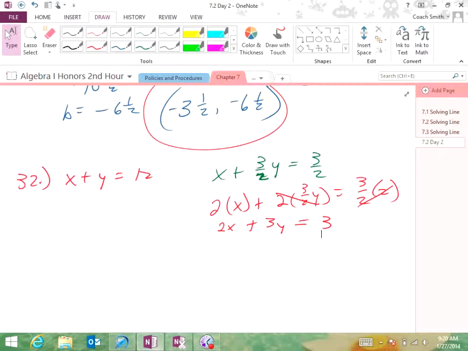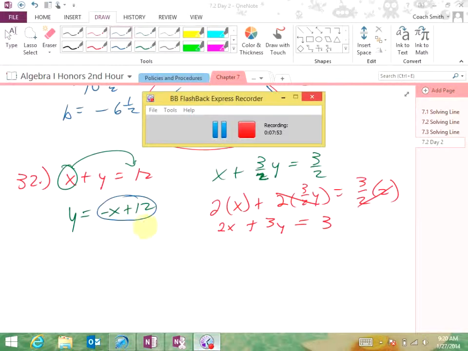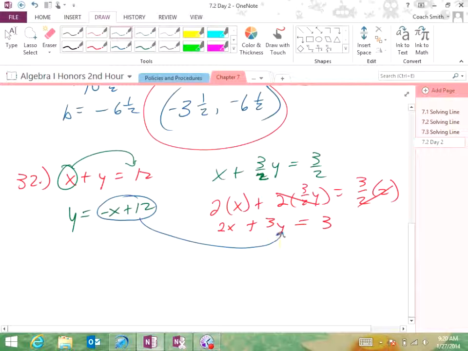Okay, now I'm going to come over here and solve this equation for x, or excuse me, for y, which means I have y is equal to negative x plus 12. Now I'm going to take this and plug it in over here for my value for y. So it gives me 2x plus 3 times negative x plus 12 equals 3.